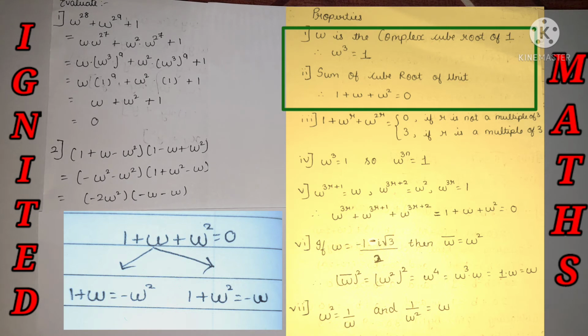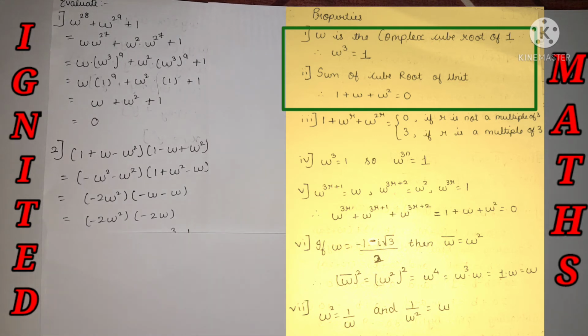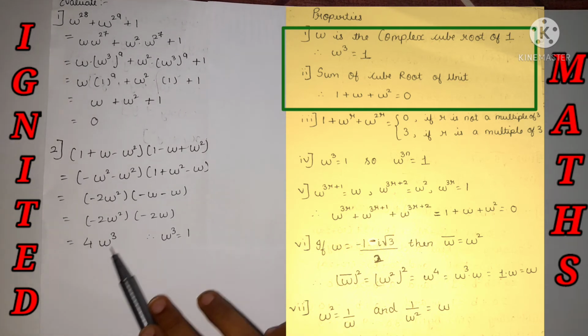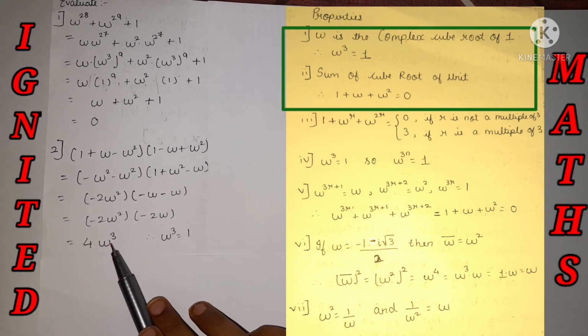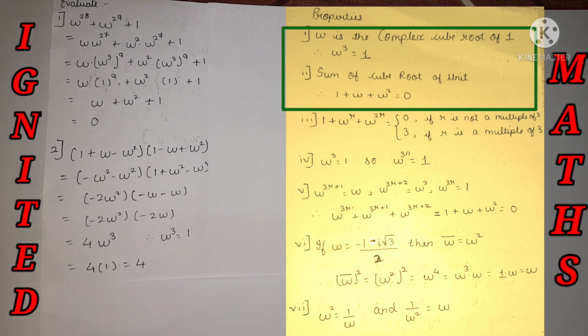Just do the calculation and we'll get the answer as 4 omega cube, and we have the value of omega cube equal to 1, and afterwards we got the answer as 4.